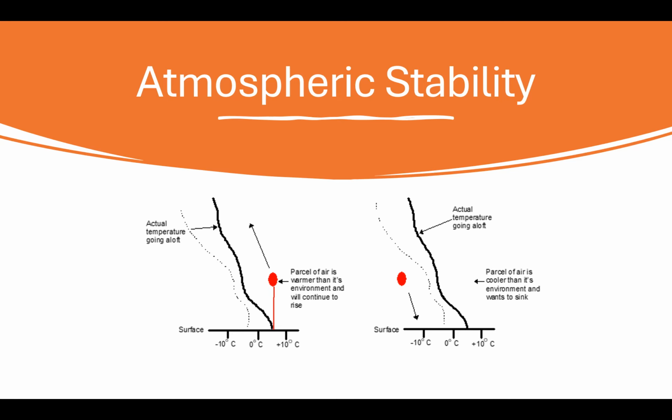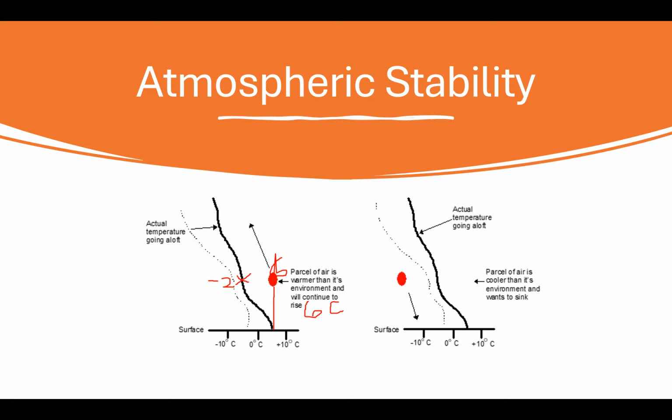The surrounding environmental air, we have to examine it at the same level by this red X. My air parcel temperature is about 6 degrees Celsius. And then the environmental air temperature is about -2 Celsius. So +6, we're warmer. The air parcel is warmer than the environmental air represented by this black solid line.